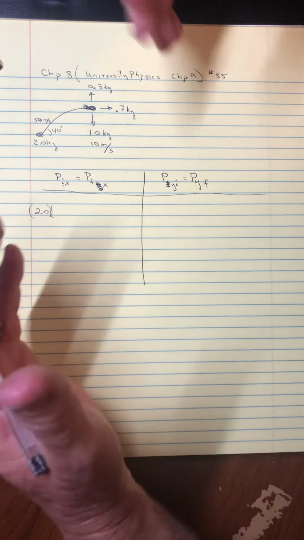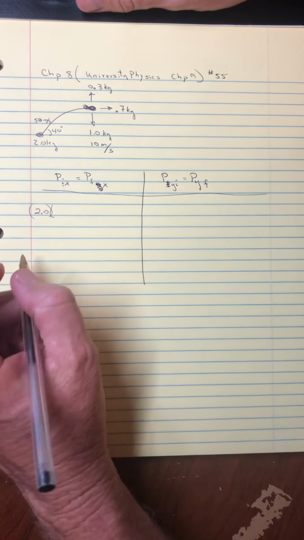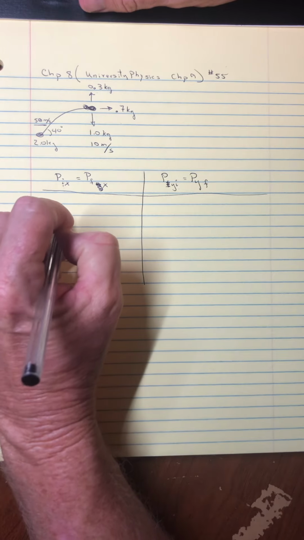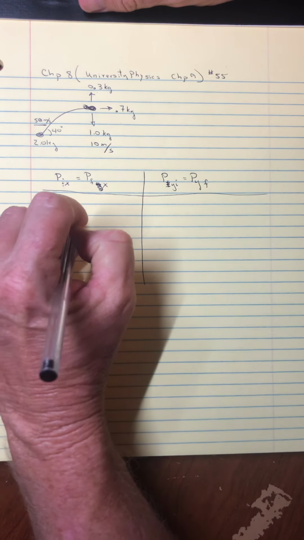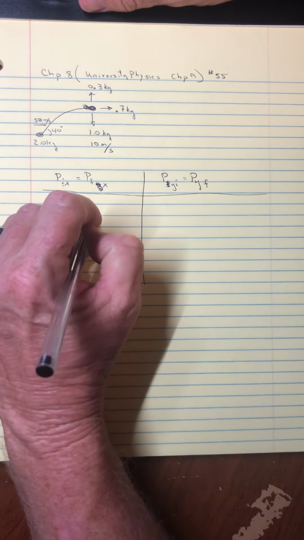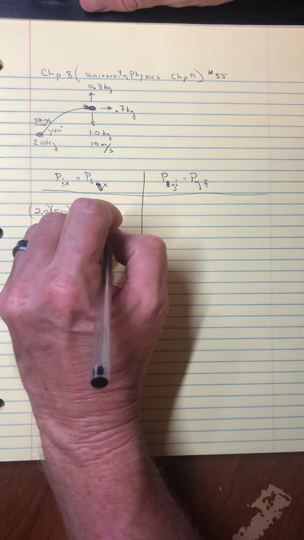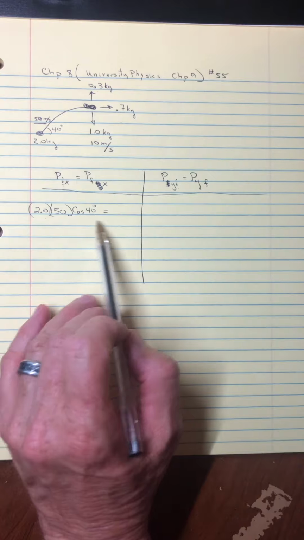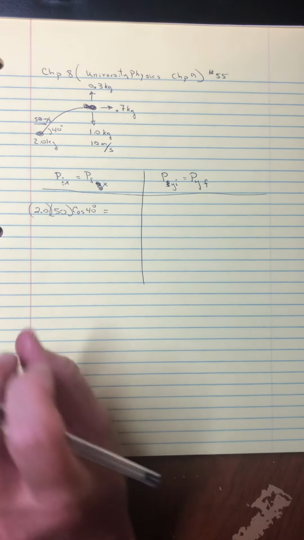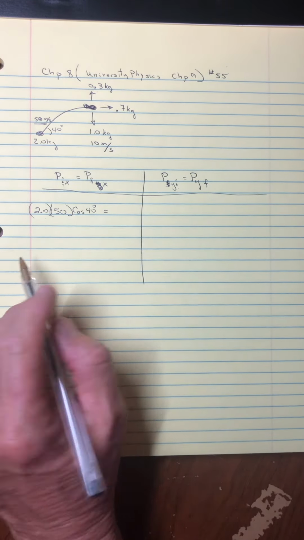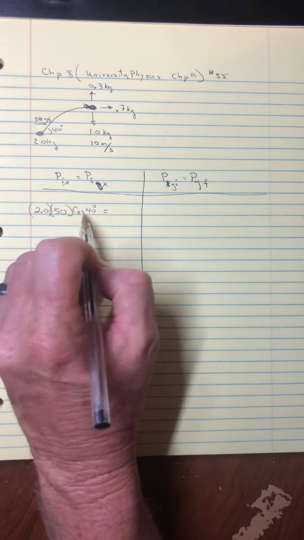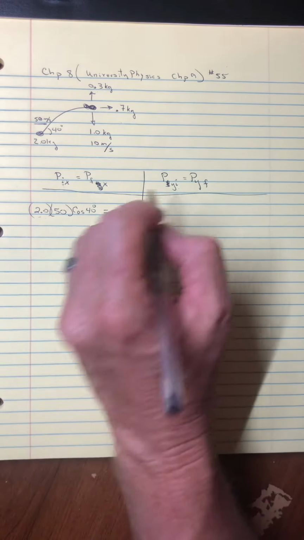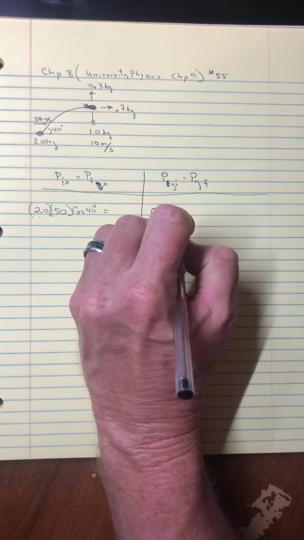Remember, the acceleration in the horizontal direction is 0. So if I come back over here to the beginning, it would be 50 meters per second times the cosine of 40 degrees. So that is the momentum of this projectile right before it explodes. Again, this is the horizontal speed, the x component, and this is the mass. Now, in the vertical direction, it has 0 momentum.